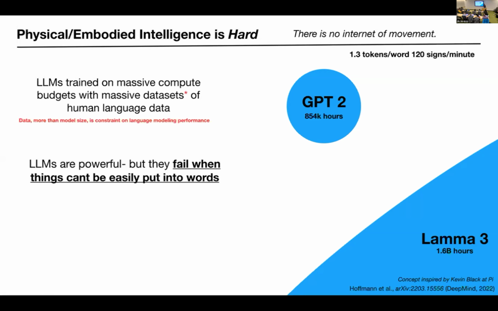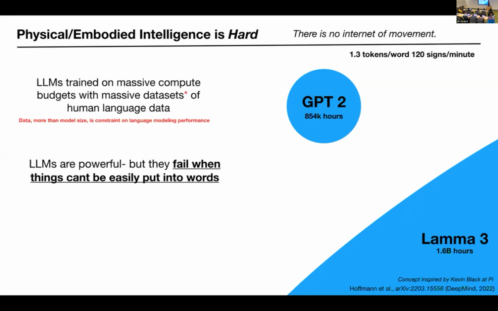So let's do a back-of-the-envelope calculation: how much data would we actually need to make an artificial system that would perform at the level of language models? Take a GPT-2 level model. Because we know how big its data corpus is, imagine 1.3 tokens per word. Say we're trying to capture the dexterity of human hands.